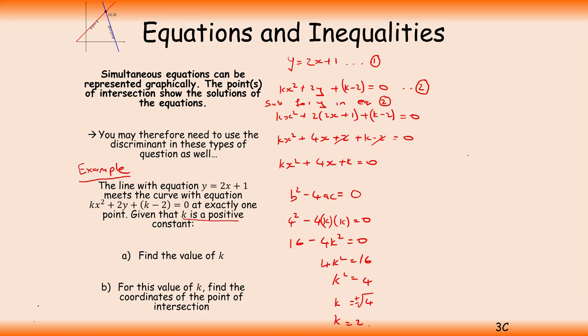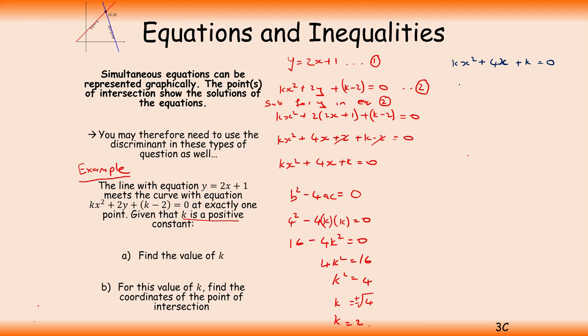Next I've got to find the coordinates of the points of intersection, so I'm going to change the pen color here. Let's go with blue so I can write it on the side here. To find the points of intersection, I've got to solve this equation here for x. Now that's telling me that kx squared plus 4x plus k equals 0.